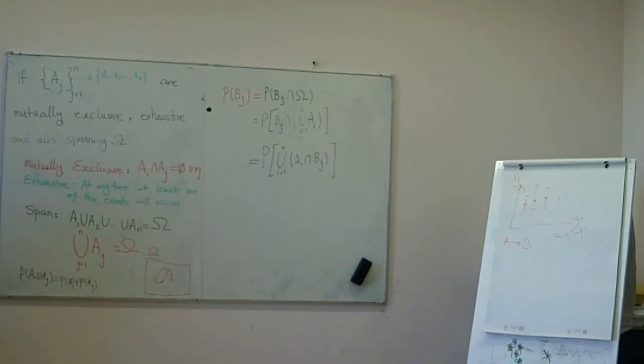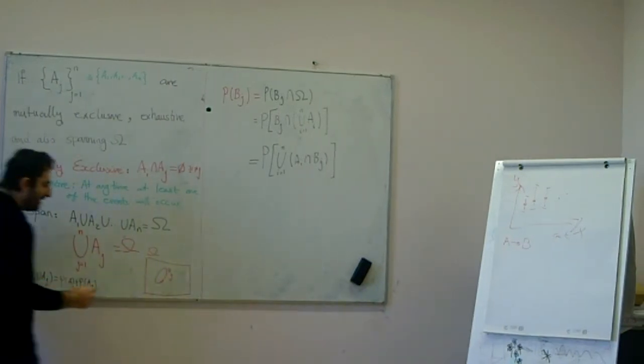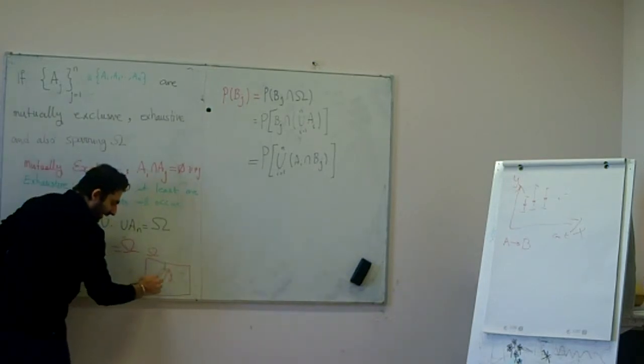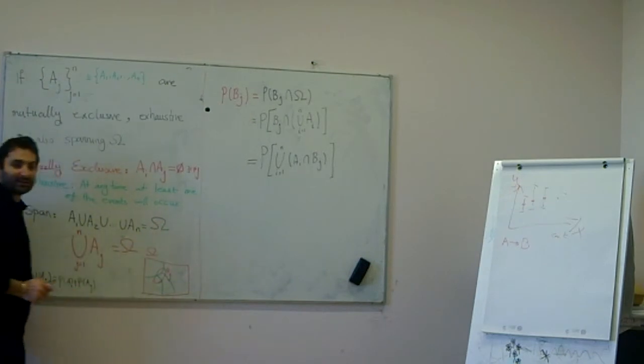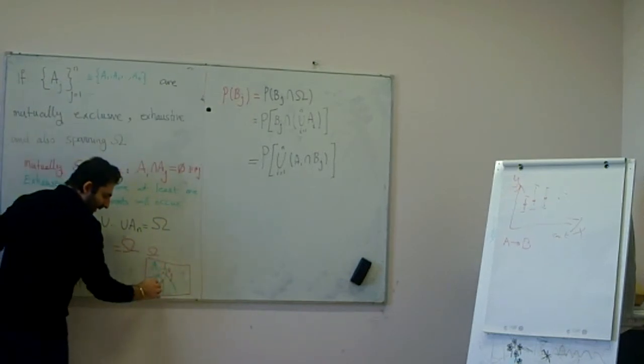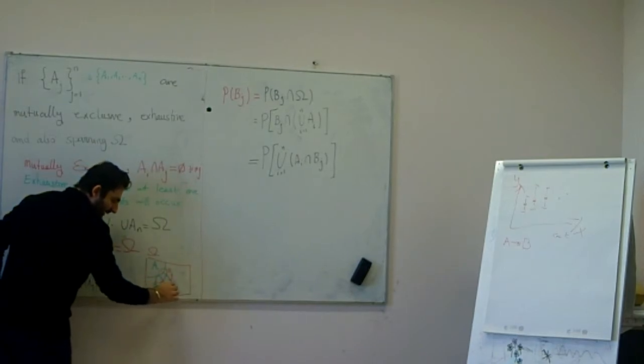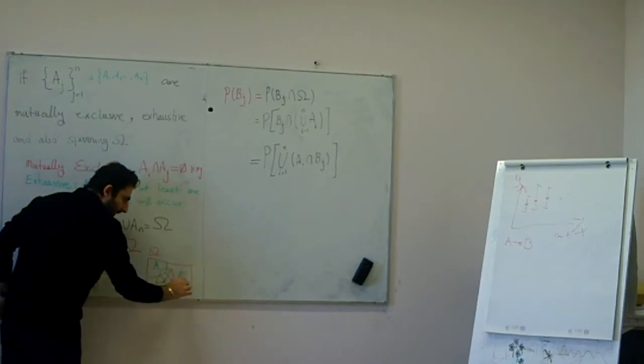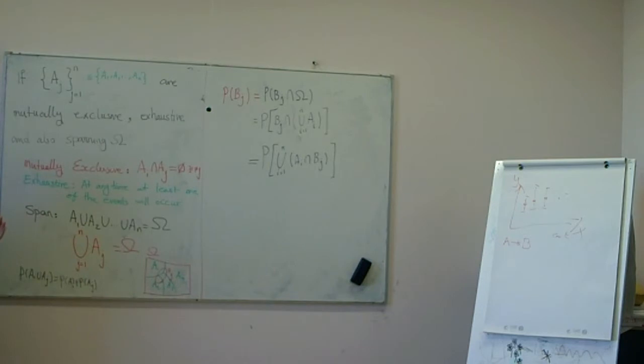Something that you have to note. B_j can be a combination of several A's, right? Assume this is A1, A2, A3, and A4.